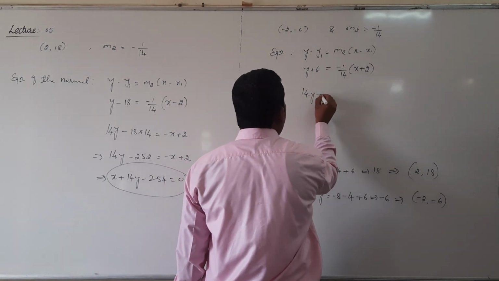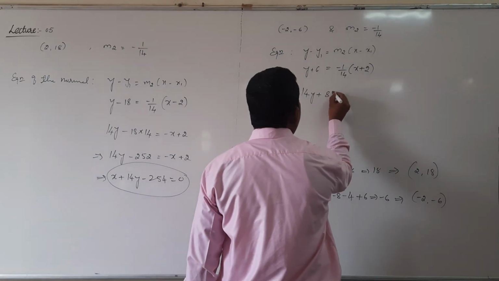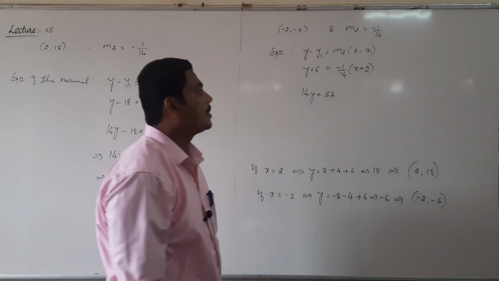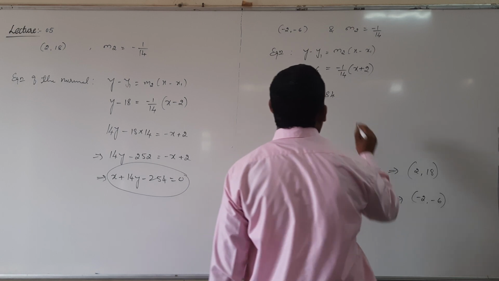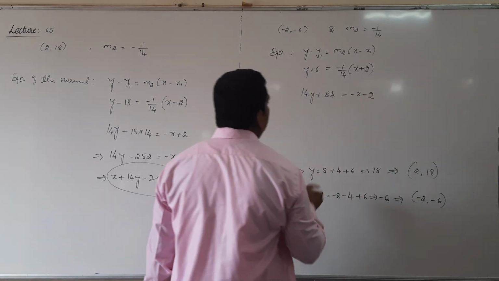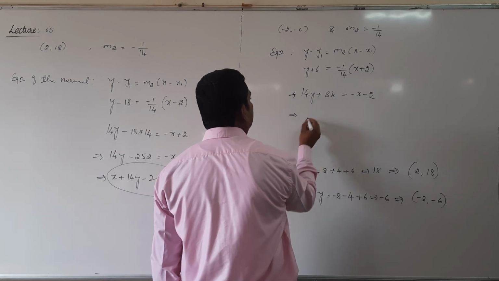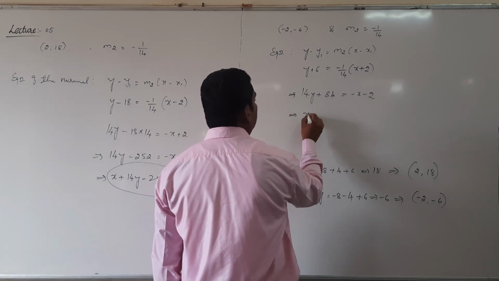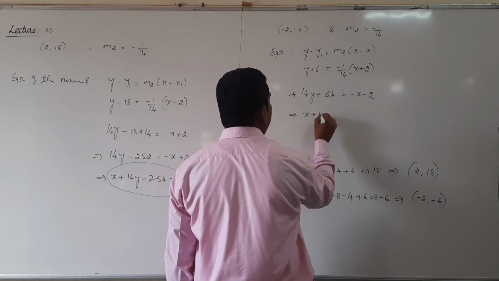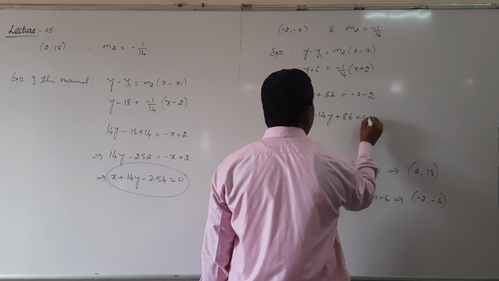14y plus 84 is equal to minus x minus 2. Now take it into the left side. Then x plus 14y plus 86 equal to 0.